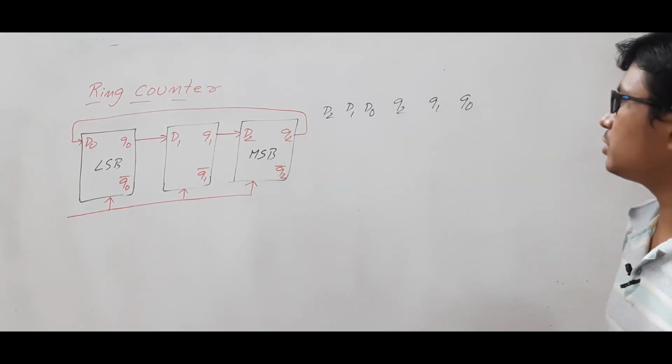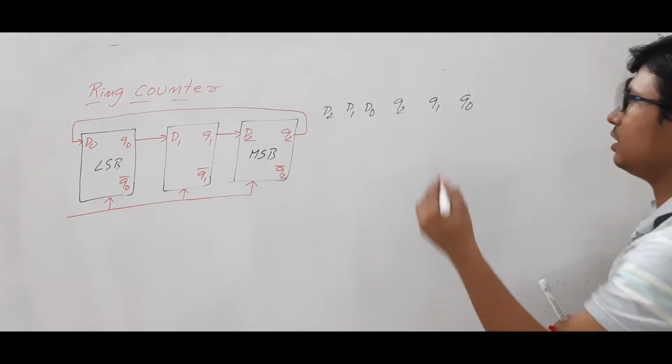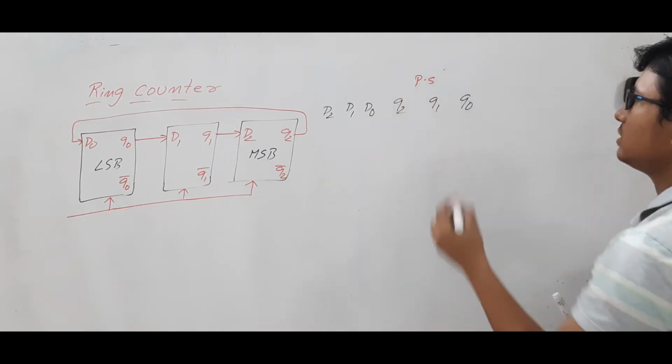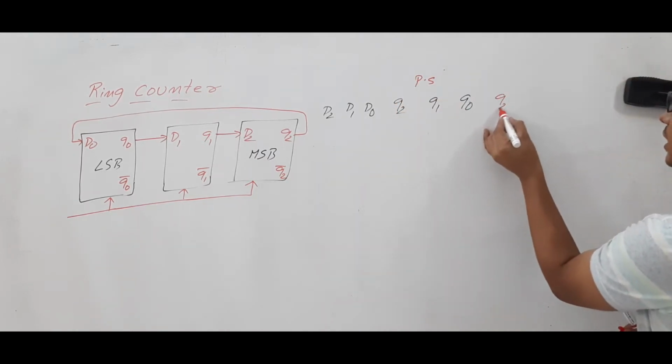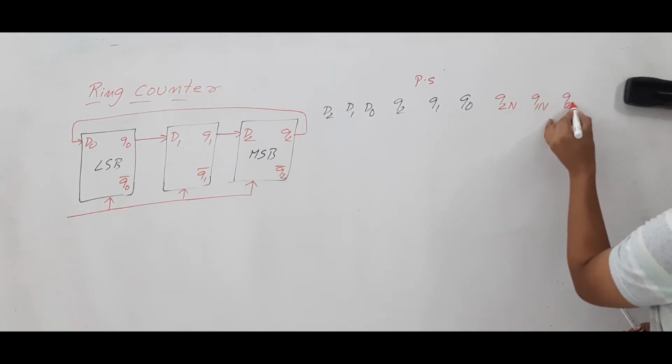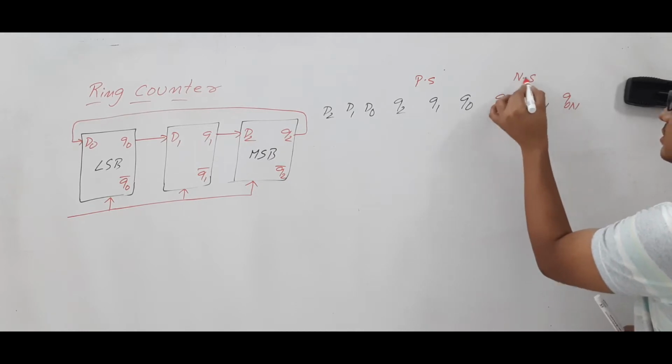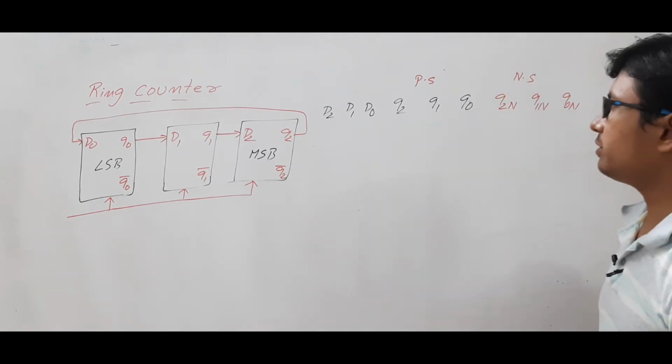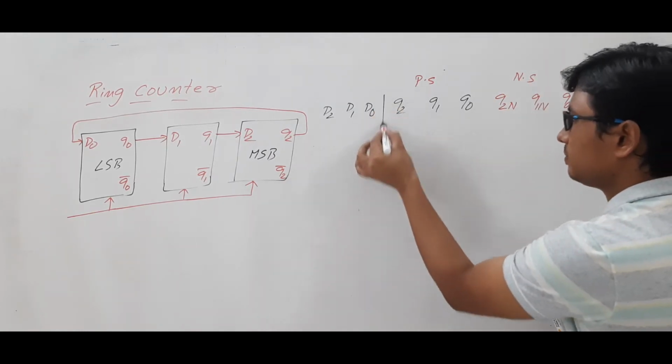These Q2, Q1, Q0 are the present states, and Q2N, Q1N and Q0N are the next states. Okay, now we will see what will happen.